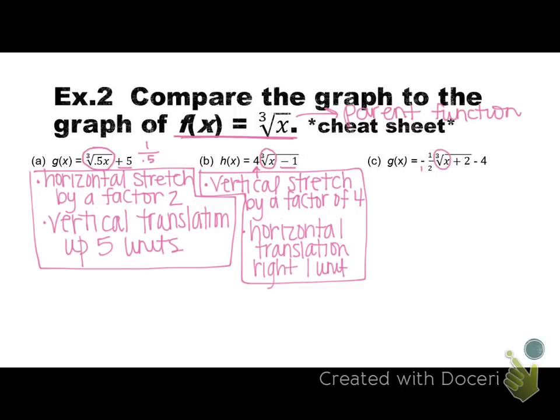Here's our parent function. So the minus is a transformation all on its own. We've got the 1/2, we've got the plus 2 with just the x, and the minus 4 back outside of the radical. So the negative has been done to the entire function, which makes this a reflection across the x-axis.